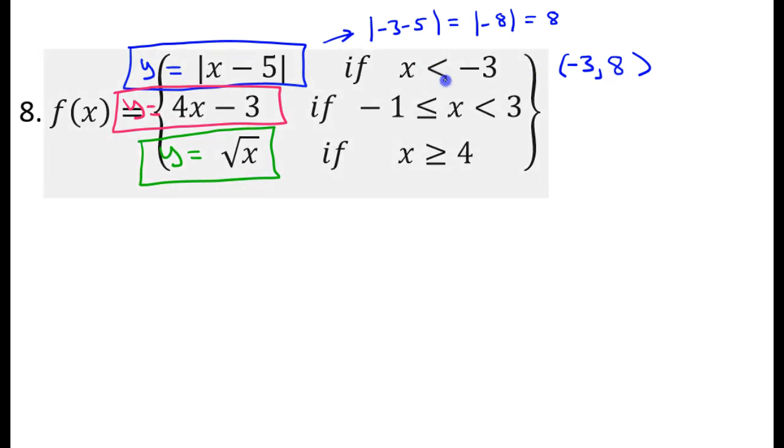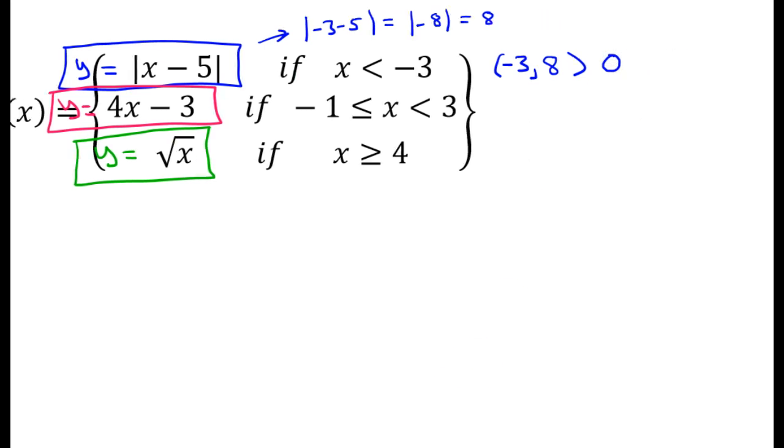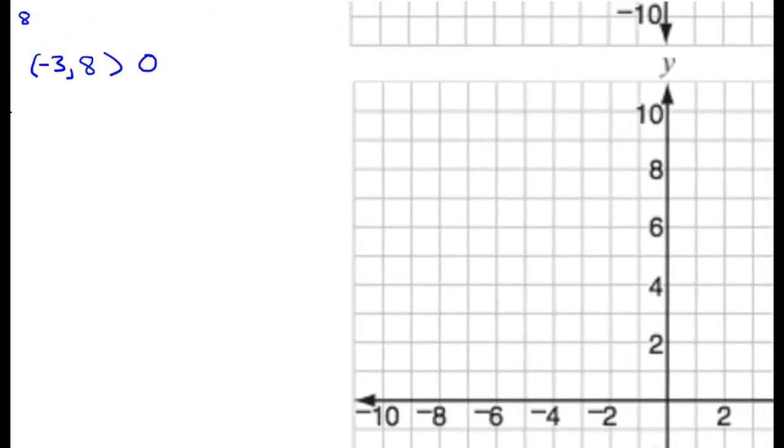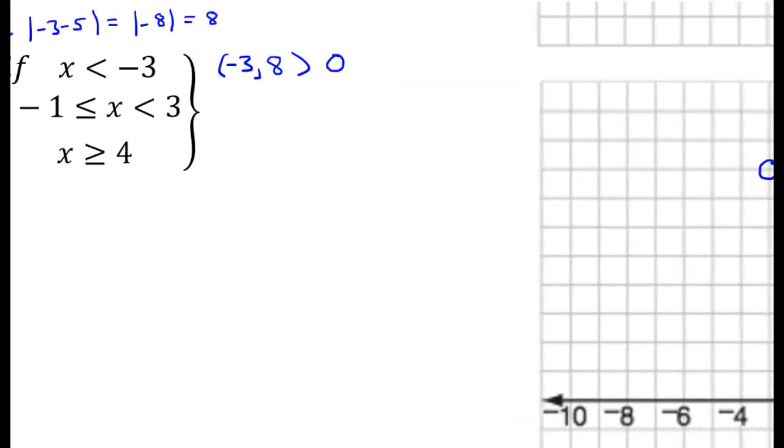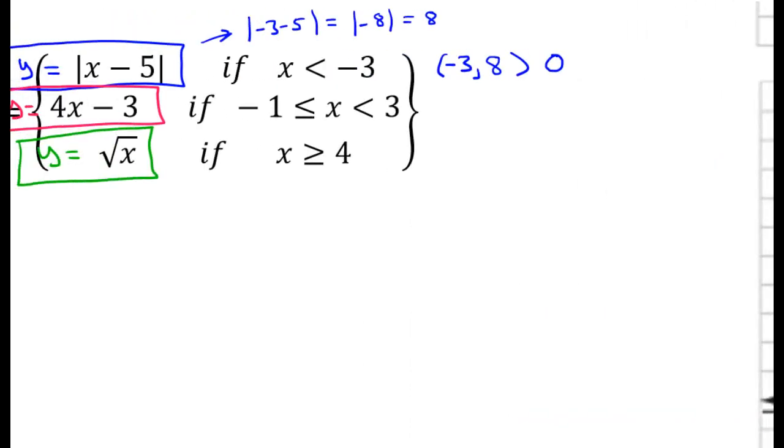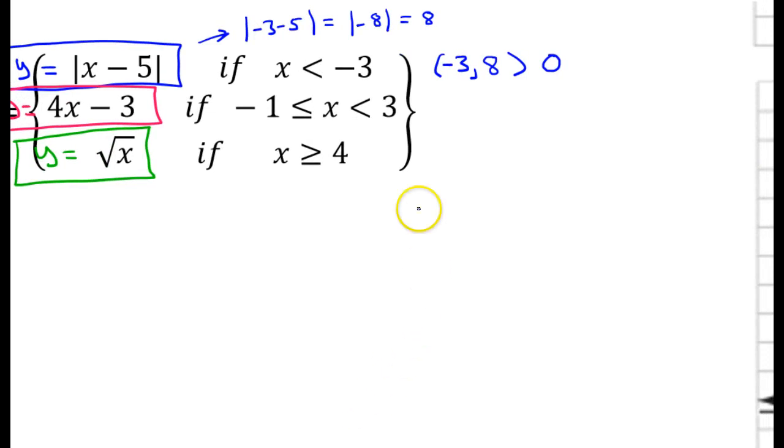This is going to be an open circle because the x values have to be less than -3, but not equal to -3. So this point is not included, so that'll be an open circle. So here's the endpoint. Open circle at -3 comma 8. We need the x values to be less than -3.